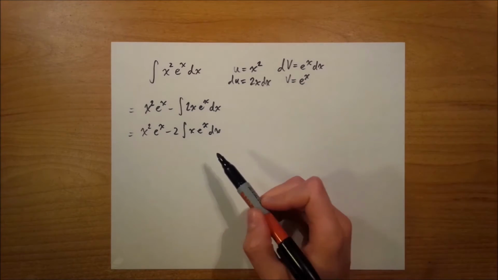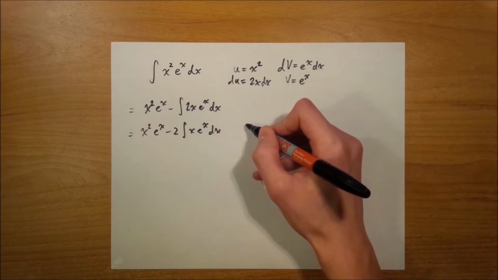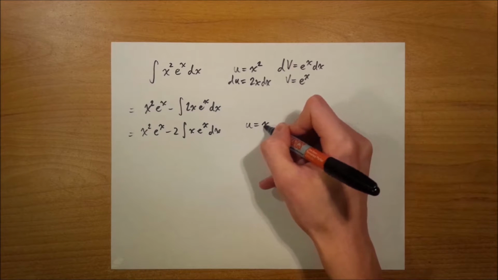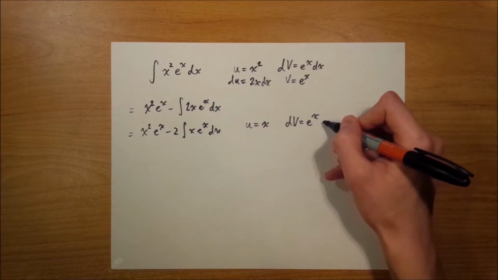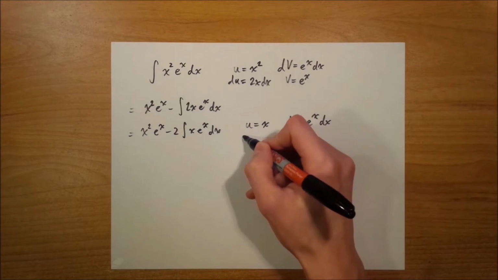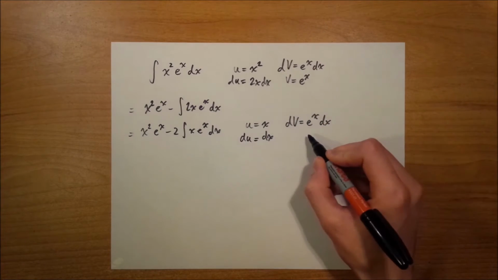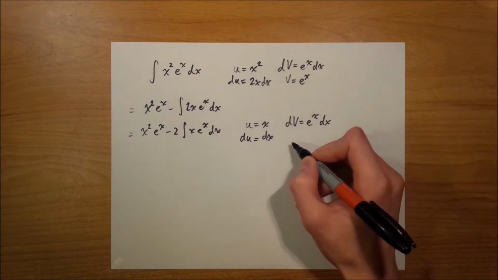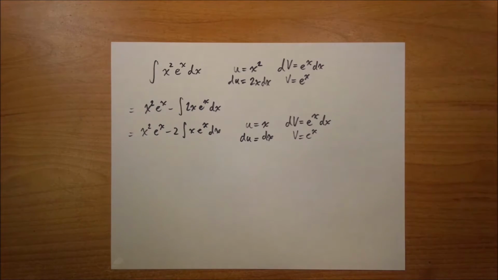Now you'll notice that we can once again simplify this integral right here. So u would be x and dv would be e to the x dx. The derivative of x is simply dx, and the antiderivative of e to the x dx is once again e to the x.